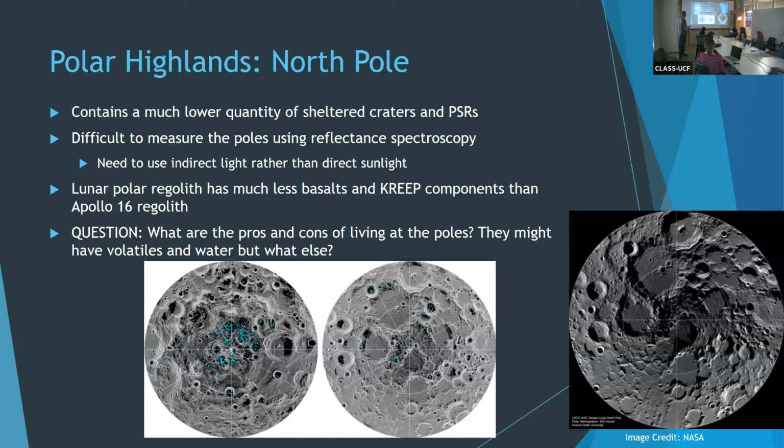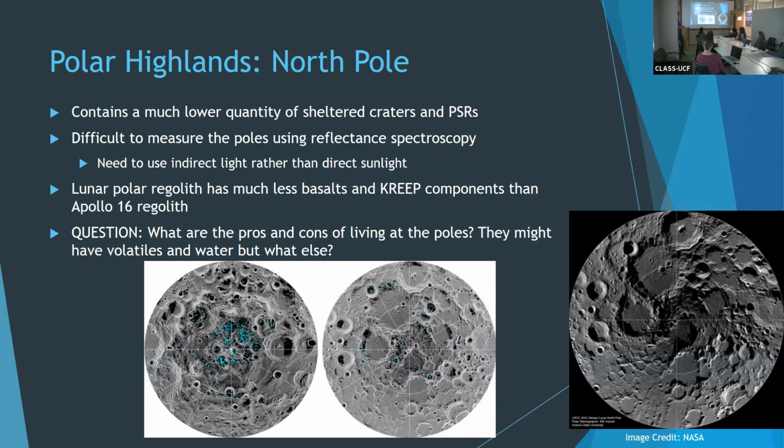So it still has a lot of craters, but not as many of them are sheltered. In this image of the water ice at the poles, we see the South Pole has a lot more water ice centered right around the actual pole, whereas the North Pole still does have water ice, but it's a lot more spread out.